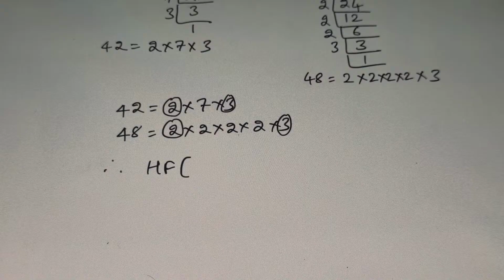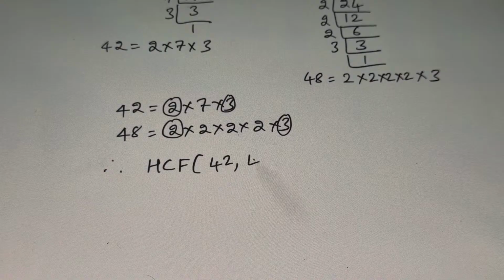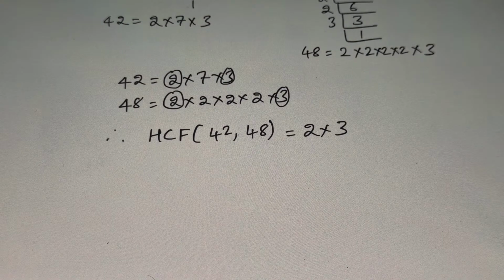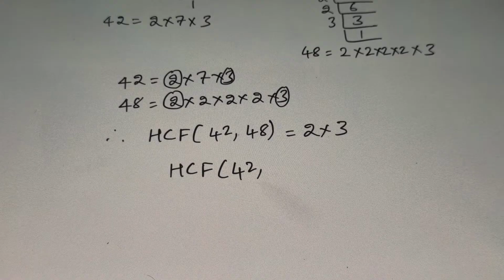So HCF of 42, 48 is equal to 2 into 3. You have to multiply these factors. Therefore, the HCF of 42 and 48 is 6. So this is the final answer.